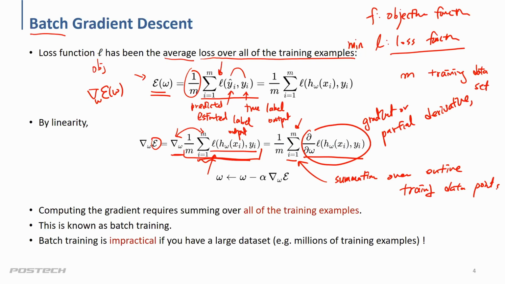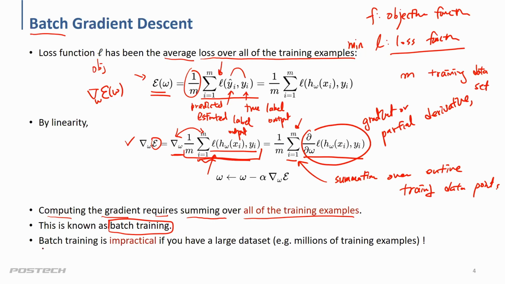So when you think about the computing process, in each iteration you have to do these computations. That means computing the gradient requires summing over all of the training examples. And we're going to say this is batch gradient or batch training.